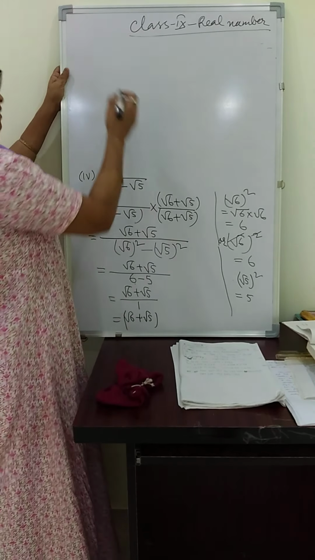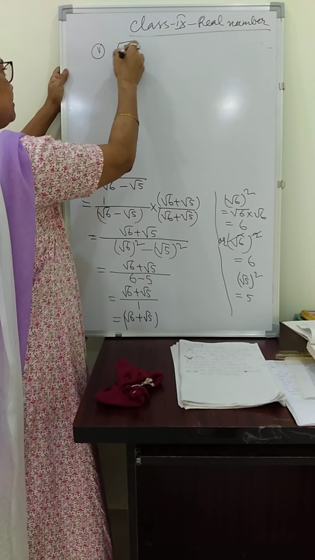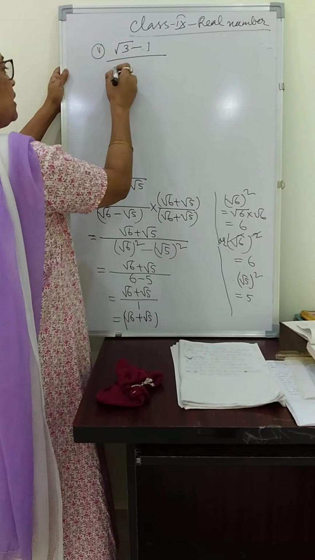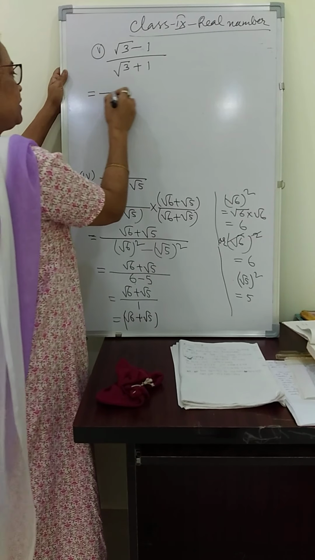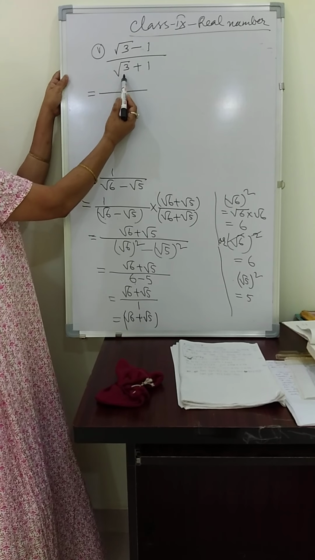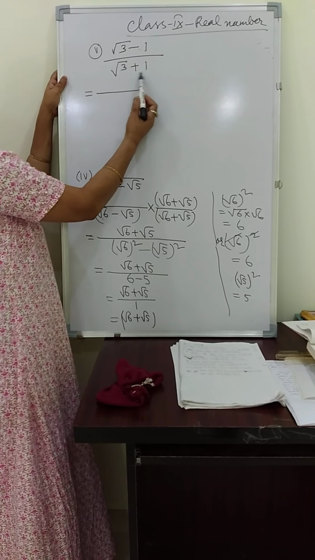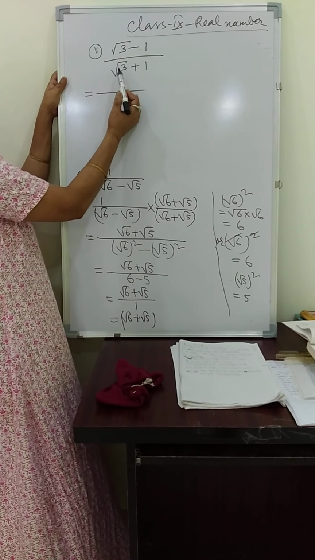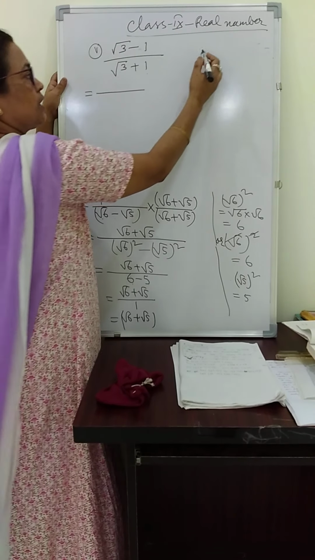So what is the denominator? Root over 3 plus 1. So its RF is what?